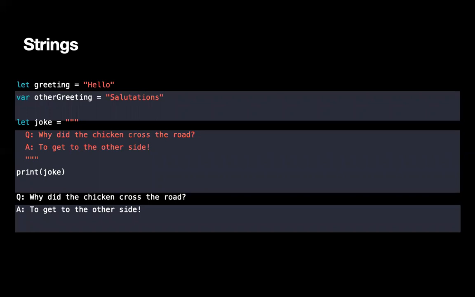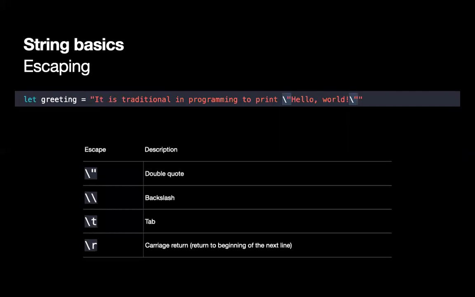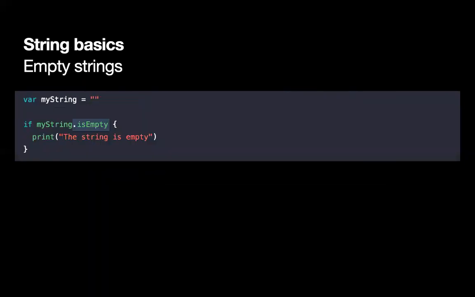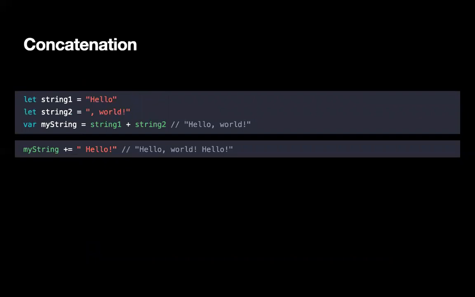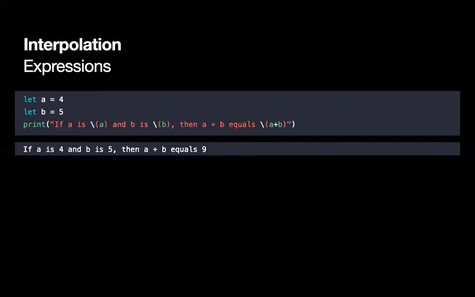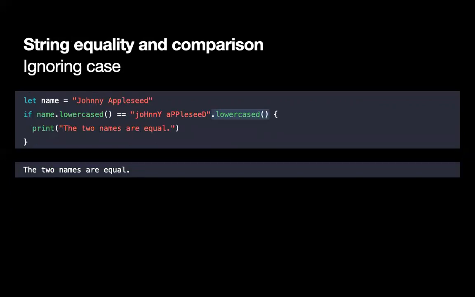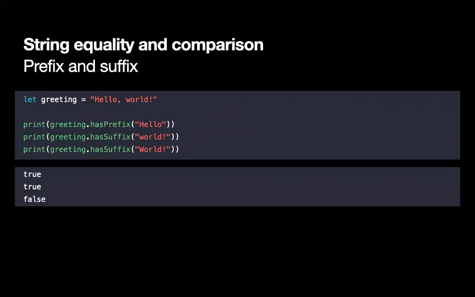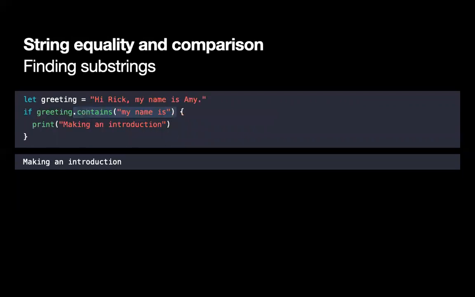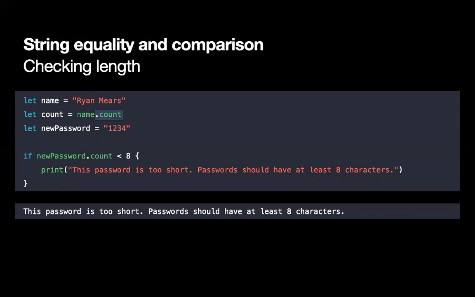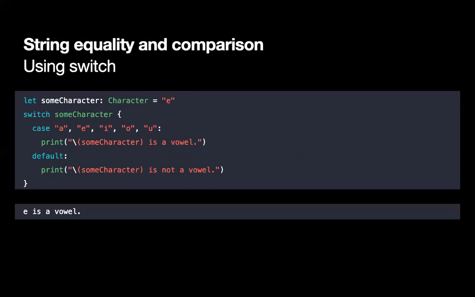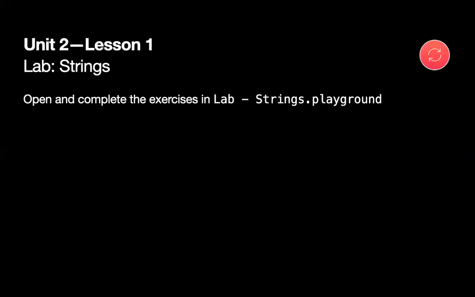Here we have studied how to create a string, how to declare a string, how to compare strings, which special characters we use in strings, how to check for an empty string, string concatenation and interpolation concepts, then string equality and comparison, use of the lowercase method, use of prefix and suffix, use of substrings, how to check length, using switch for string equality and comparison, and finally Unicode.